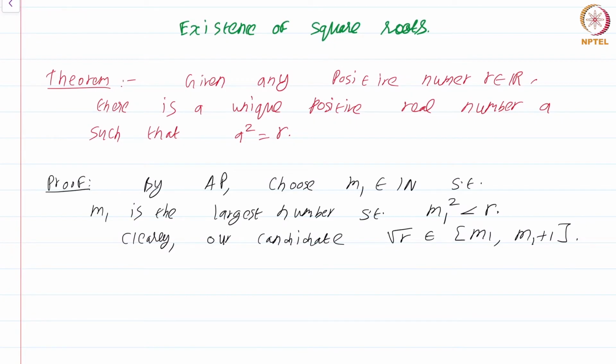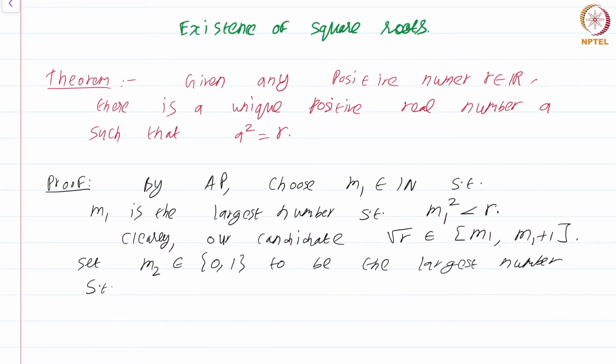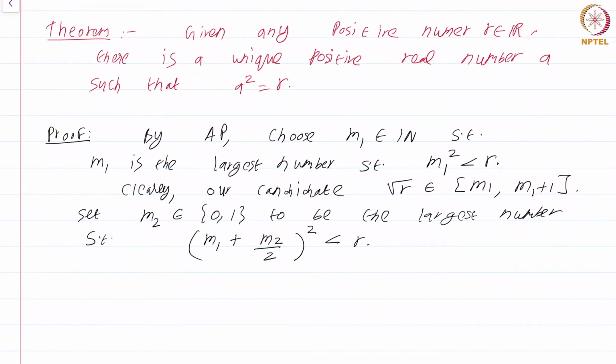Set m2 in {0, 1} to be the largest number such that m1 plus m2 by 2 the whole squared is less than R. We already know that m1 squared is less than R. That's exactly how m1 was chosen.